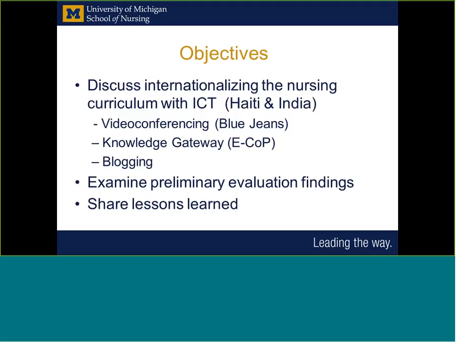The three technologies I'm going to talk about are video conferencing, utilizing BlueJeans software, the use of the Knowledge Gateway, which is an electronic Blackboard app, and blogging. The other thing is I will talk a little bit about our preliminary evaluation findings and share some lessons learned from our experiences.